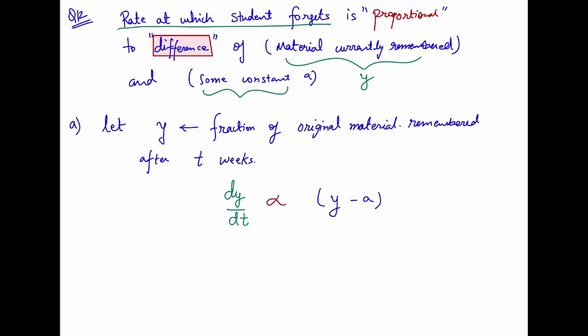But this model is not perfect. We have to make sure we have a differential equation, not a proportionality. So this is dy by dt equals k, y minus a, where k is a constant of proportionality.